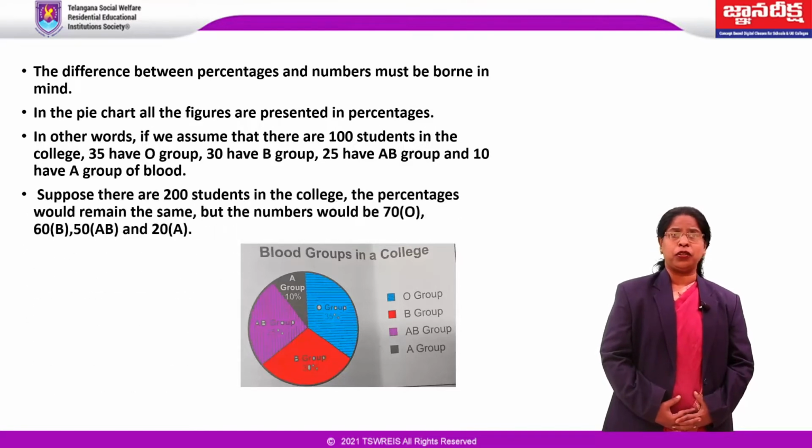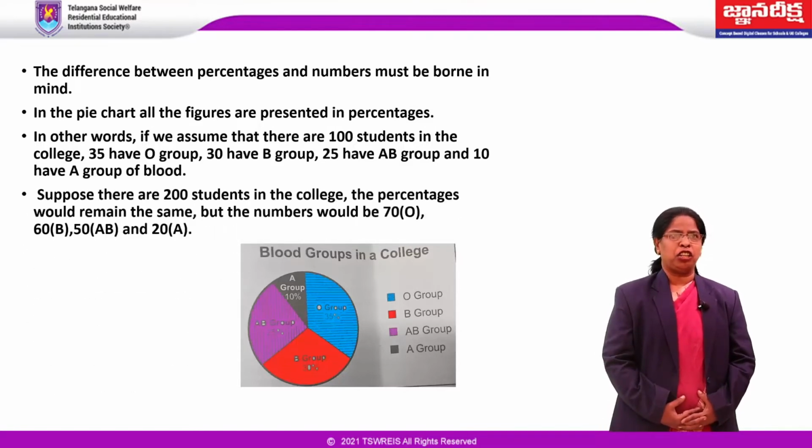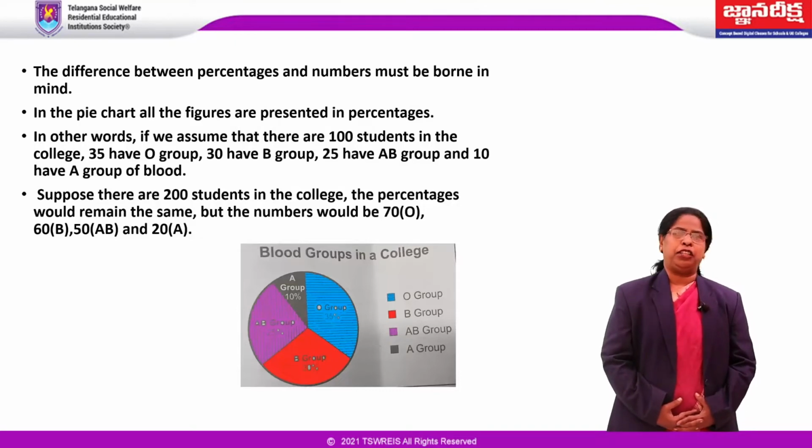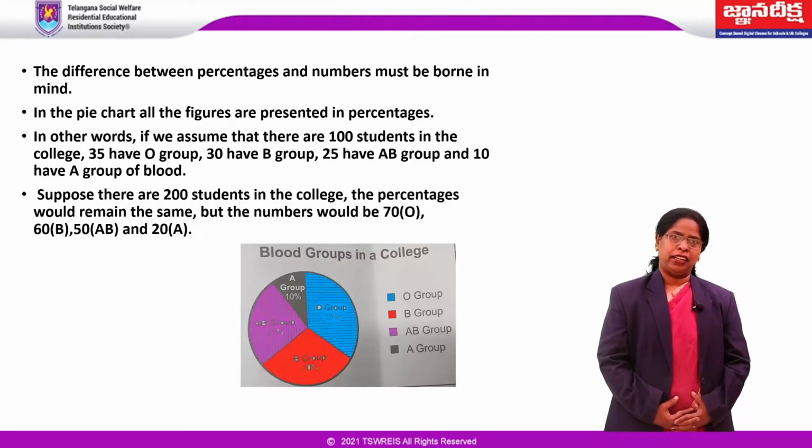Suppose there are 200 students in the college, the percentage would remain the same, but the number would be 70 O, 60 B group, 50 AB, and 20 only A.